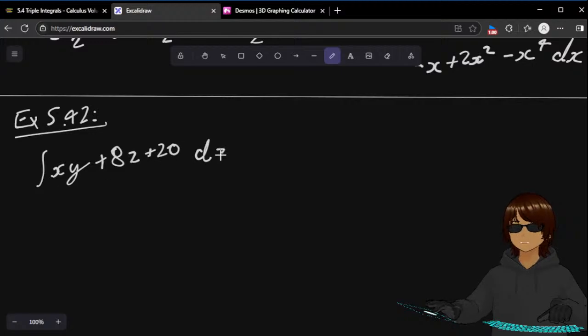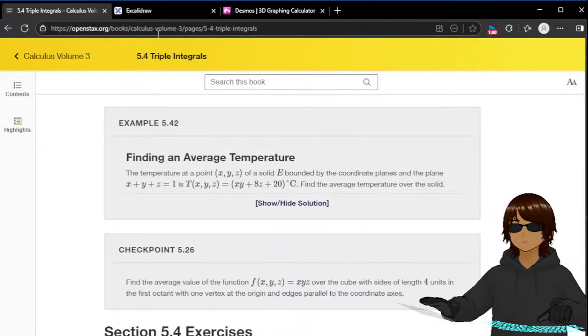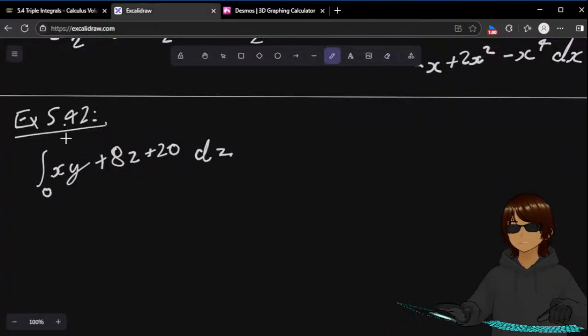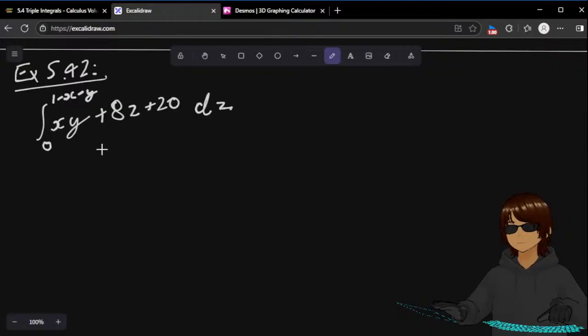Let's do dz first. It's bounded by this, so from 0 to 1 minus x minus y. 1 minus x minus y plus 4z square.